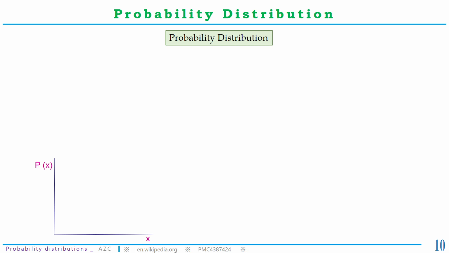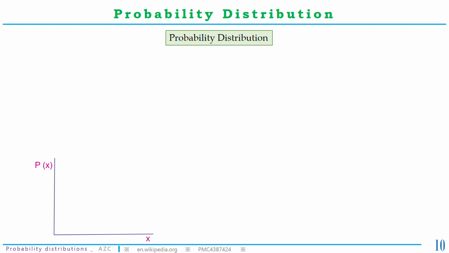A probability distribution graph visualizes the likelihood of various outcomes for a random variable, where the x-axis lists the potential outcomes, or values of the random variable, and the y-axis represents the probability density, or the probability of a discrete outcome.